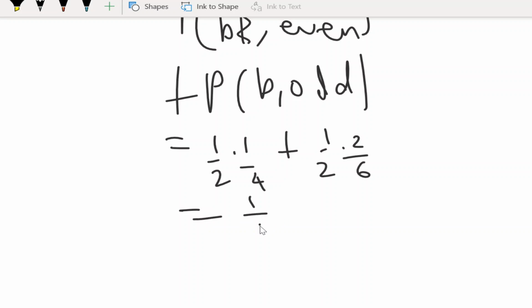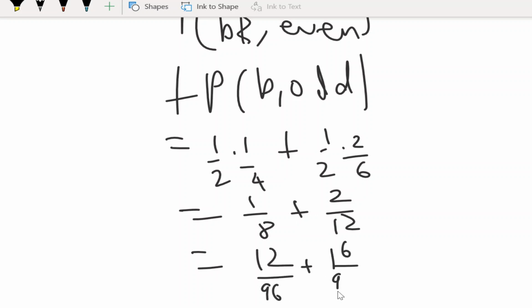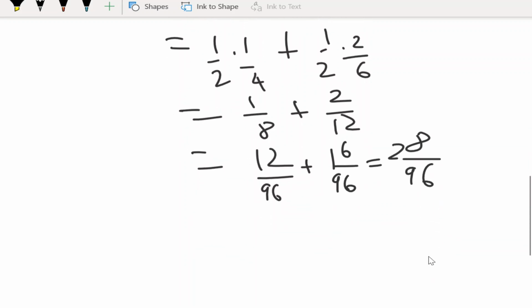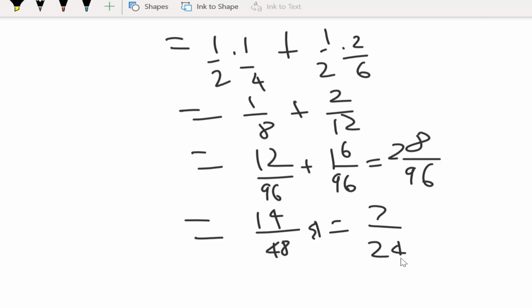If we simplify that, we get 1/8 plus 2/12, which is 12/96 plus 16/96, which is 28/96, which is 14/48, which is 7/24, and that's our answer.